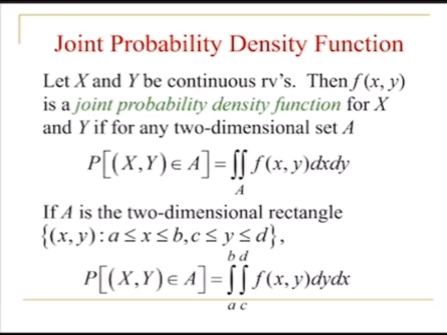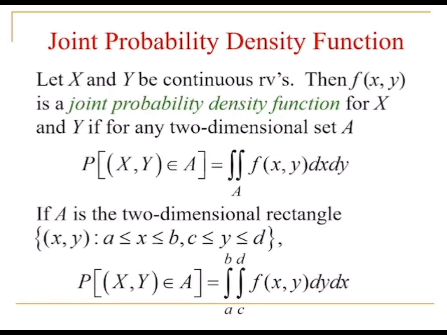The antiderivative is going to be a sequential one. Looking at f of x, y dx dy, a double integral, means I'm first going to integrate with respect to y.